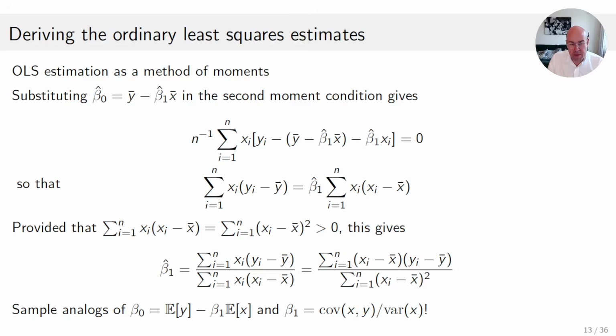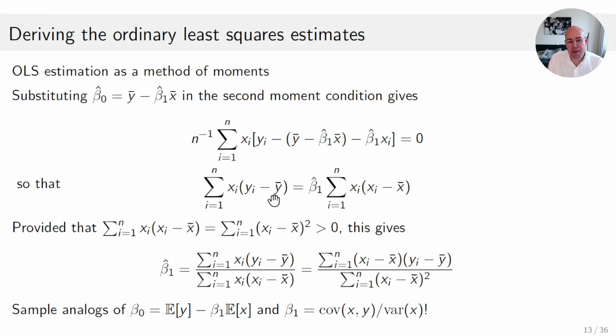Okay. Before I do that, let's briefly inspect where all these things come from. On the left hand side of this equation, I now have the sum over xi times yi and xi times y bar. Where does this come from?